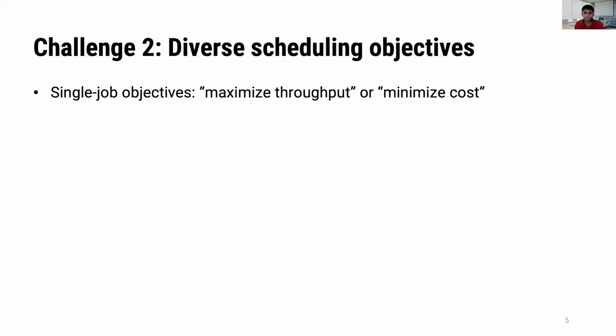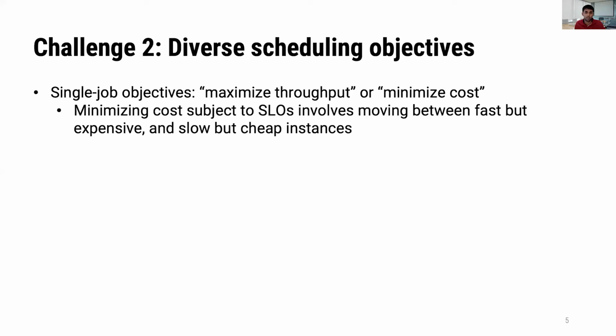And such decisions can usually be made fairly easily by just inspecting the throughputs of the given job on the different resource types. There are instances where single job objectives can become harder to optimize. Minimizing costs subject to per job time SLOs might require jobs to be moved from fast but expensive resource types to slow but cheap resource types midway through training.